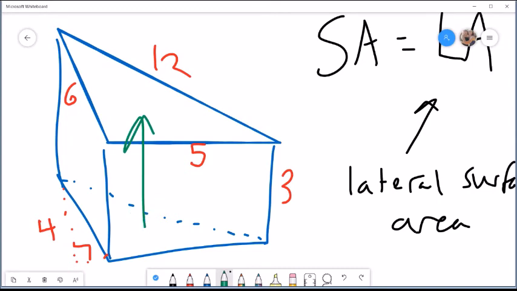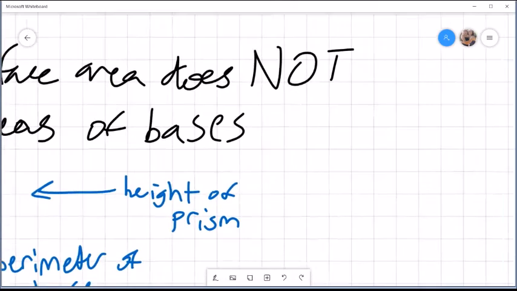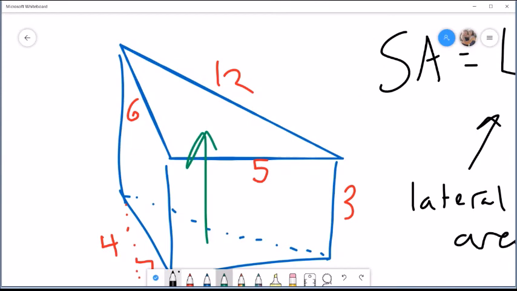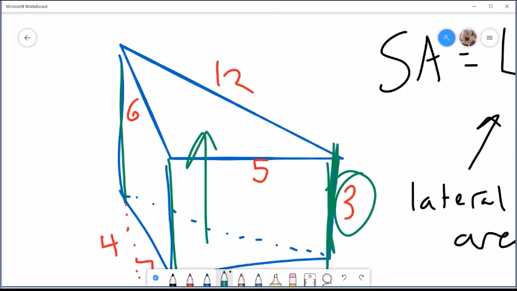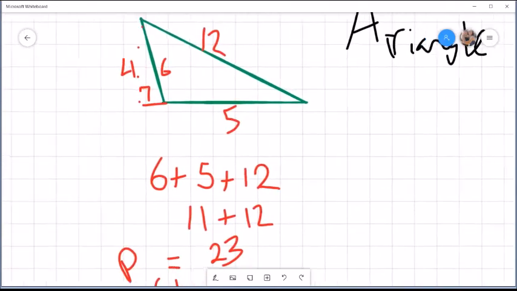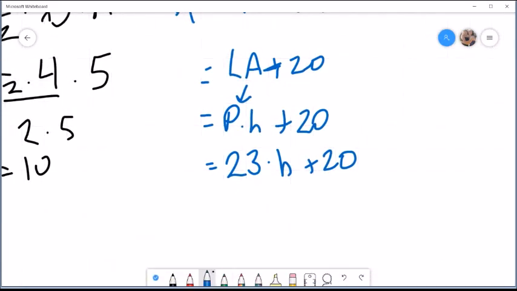And that distance can be found here, here, or here. And we have this number, it's 3. So we're going to go back, and instead of writing h for height, we're going to have 3.